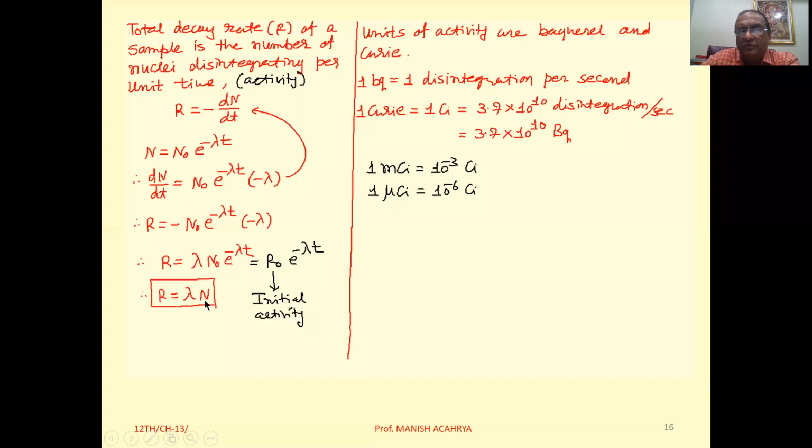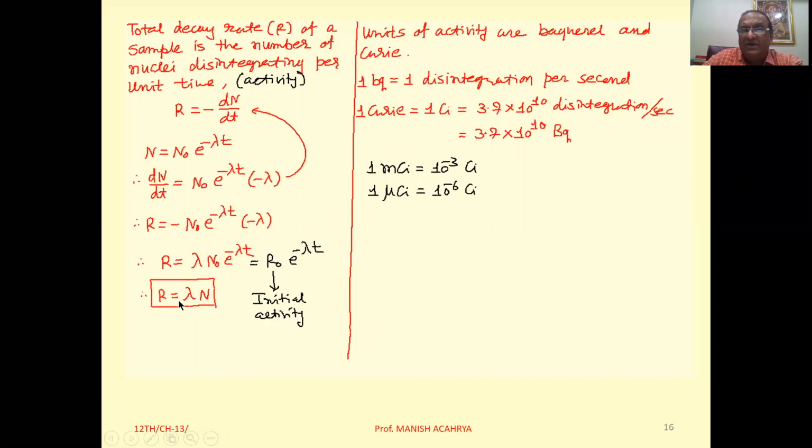Clear to all of you? Any doubt in this one? Or we can write that activity R is lambda into N, where N is the number of undecayed nuclei at a particular instant, and R is the activity at that instant.